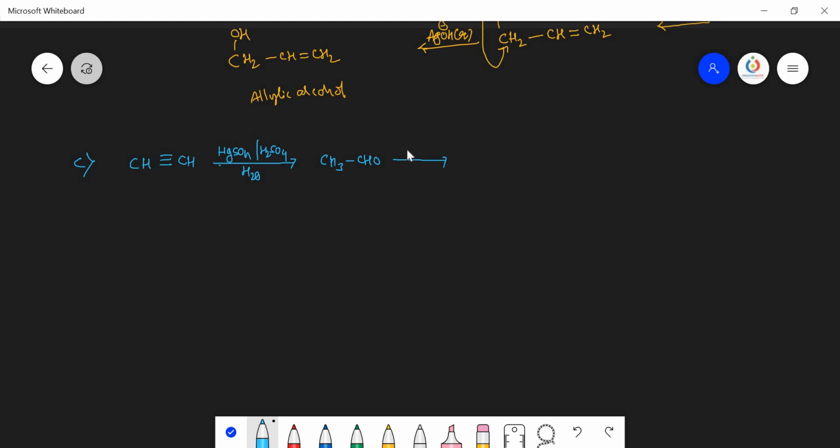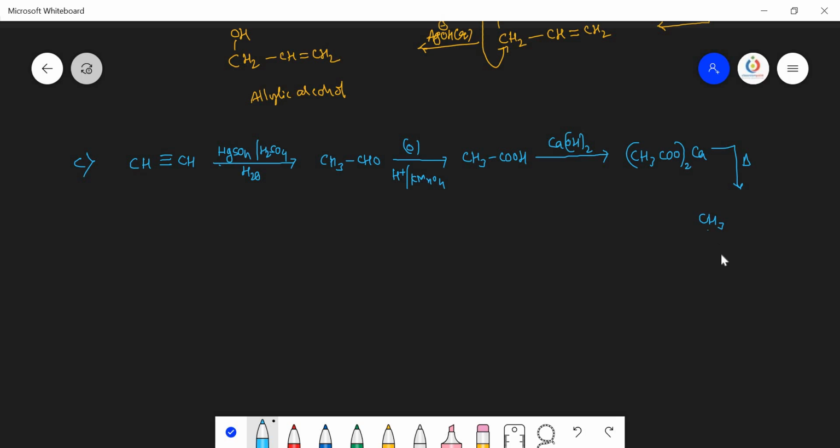This acetaldehyde, when subjected to H plus KMnO4, is converted into the carboxylic acid. This carboxylic acid is subjected to calcium hydroxide, so that we get calcium acetate, (CH3COO)2Ca.